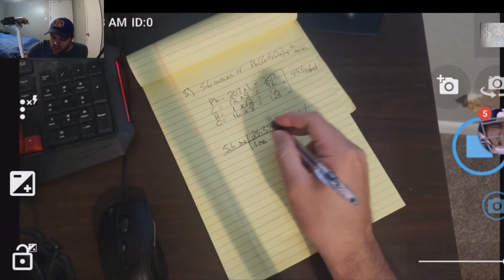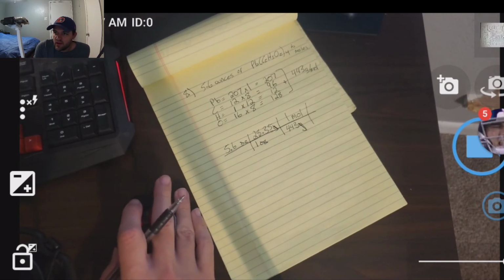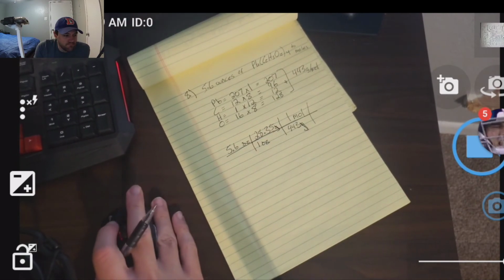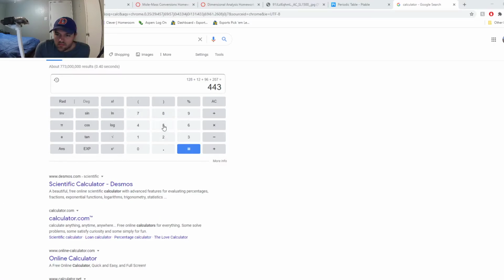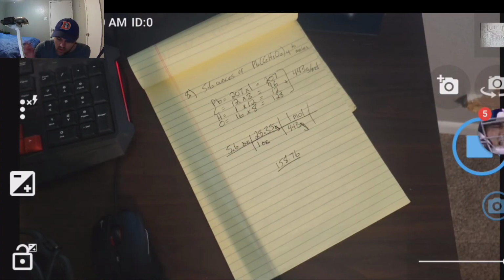So multiply across the top, which is 5.6 times 28.35. And you get 158.76. And then on the bottom, you just have 1 times 443.